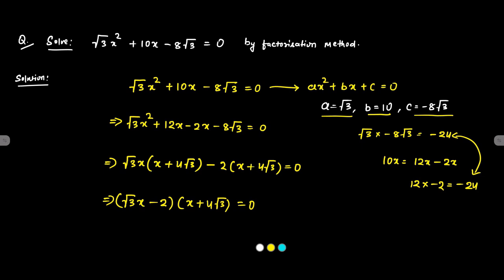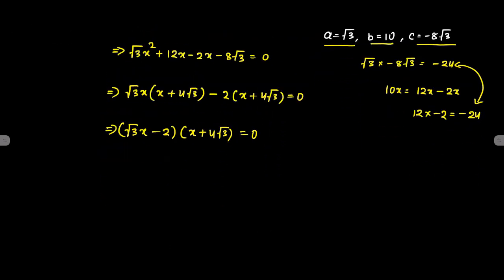That implies root 3x minus 2 is equal to 0, or x plus 4 root 3 is equal to 0.